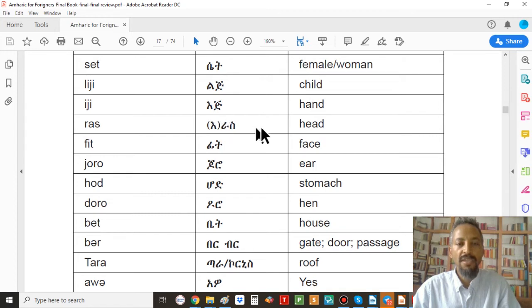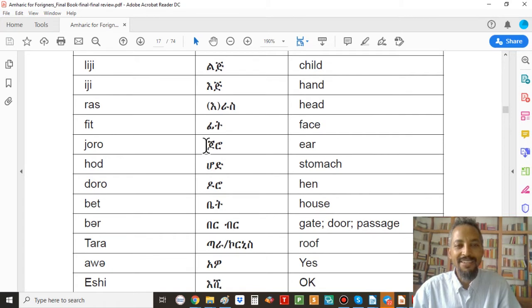Ras means head. Then feet, but it's not like the English feet, it's slightly different.